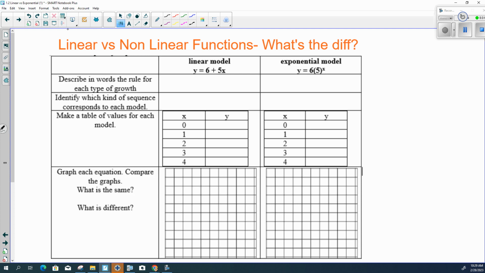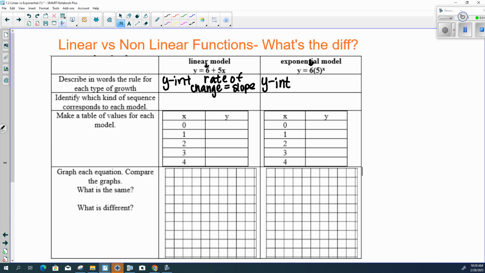Well, the y-intercept is 6. And then the 5 is a rate of change, or we often call it the slope. But on the exponential model, although it starts out similarly, the 6 is also the y-intercept.